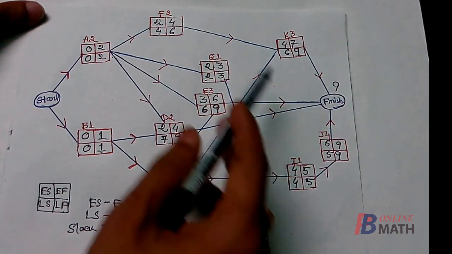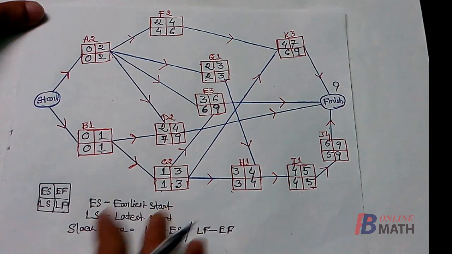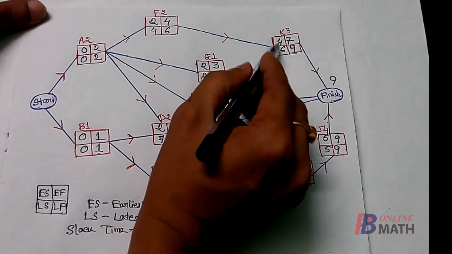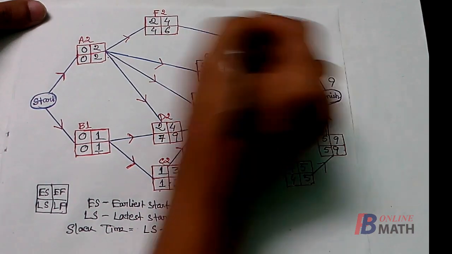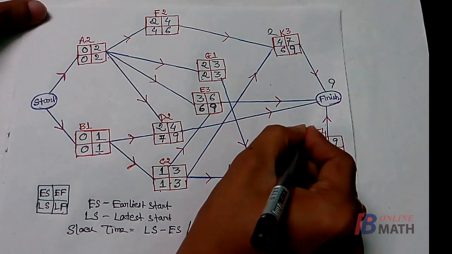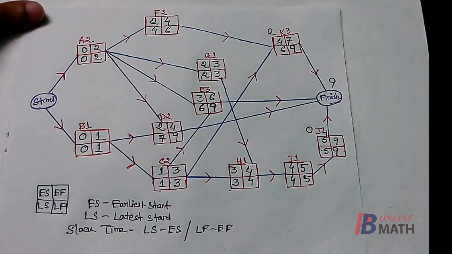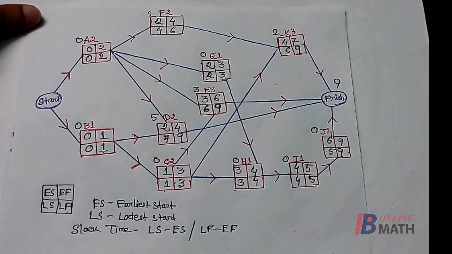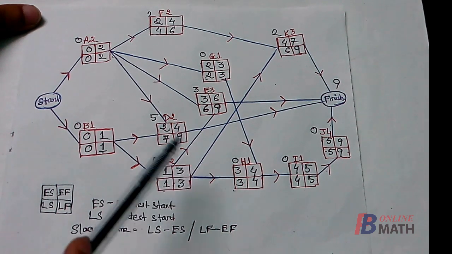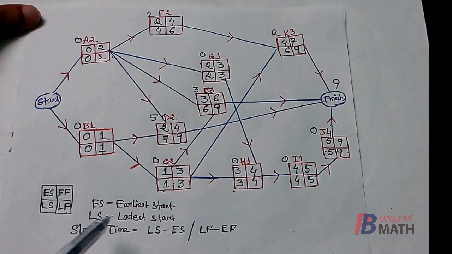So from all the activities we can easily find the slack times. As for activity K, the slack time is 6 minus 4, that is 2. For the activity J, slack time is 5 minus 5, 0. So similarly we can calculate all the slack times. So here we have calculated all the slack times for the activities.